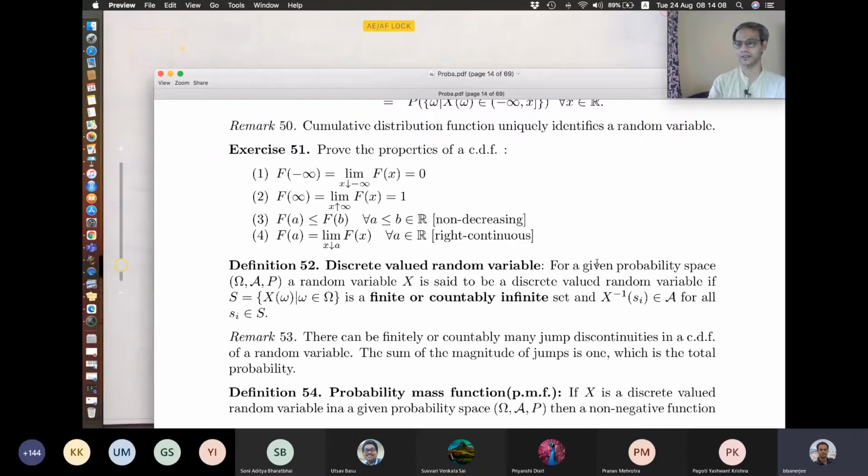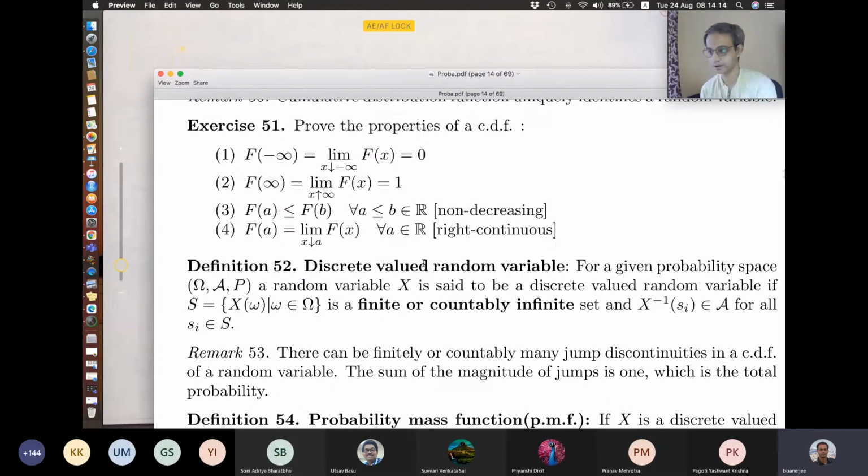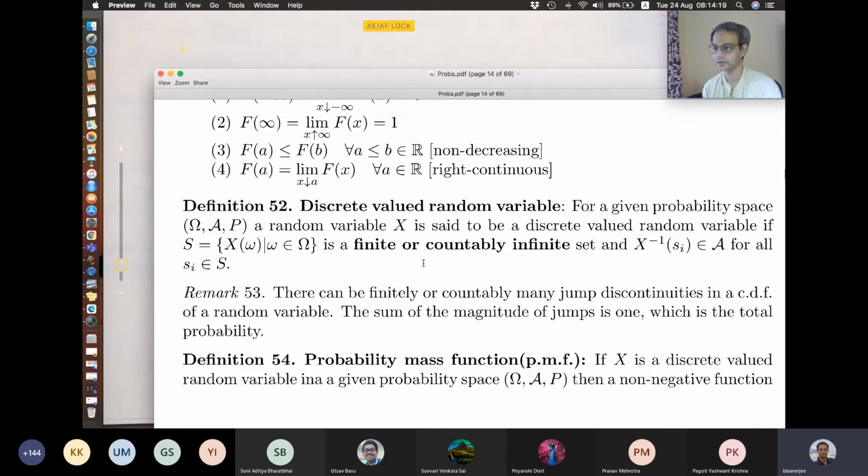So, discrete valued random variable, or discrete random variable. I hope you can see this properly. I'll share it just after the class, no problem.